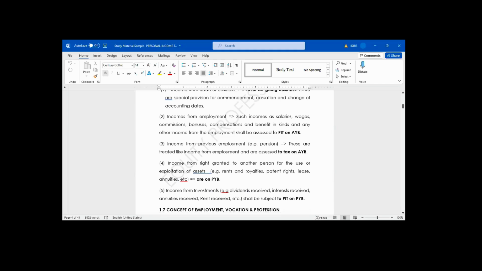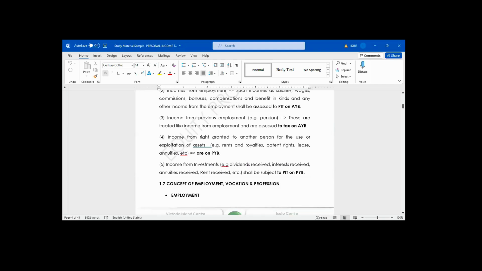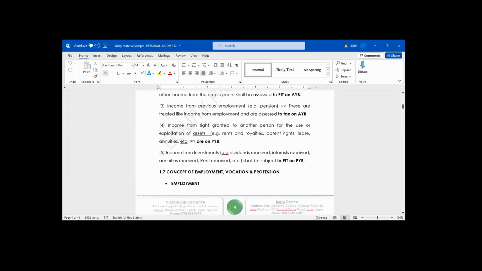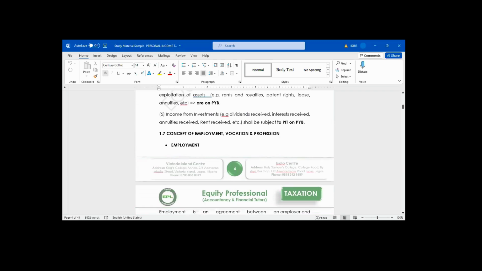Secondly, if the income is an investment income realized from dividend, interest, royalty, rent, and so on, that one is going to be assessed to tax on what? Preceding year basis. We are still going to look at the formats where we are going to distinguish different types of income under personal income tax.